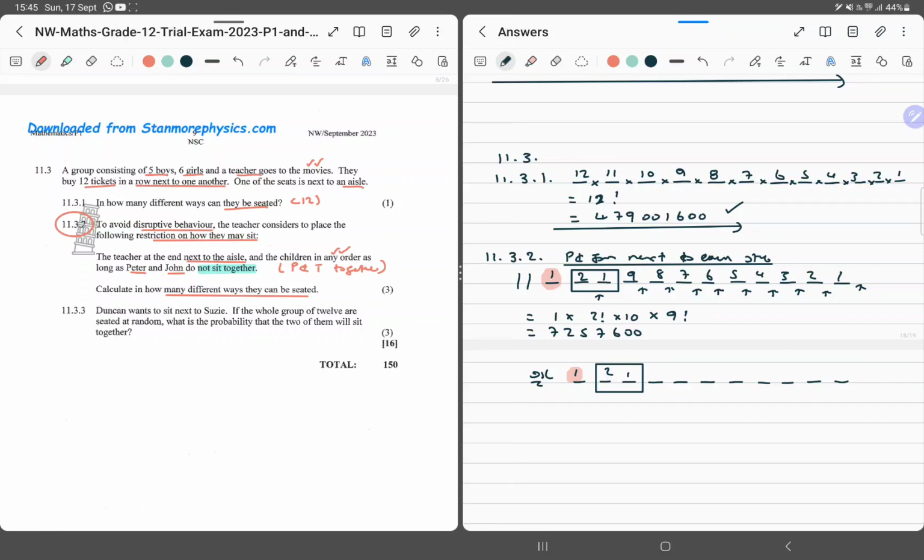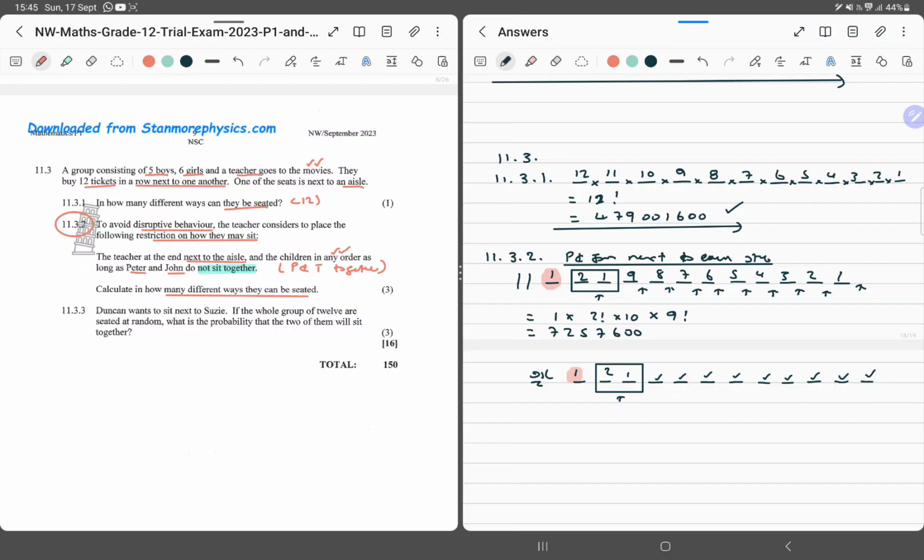And then we can simply say this whole unit can be here, or here, or there, or there. How many positions is this? 1, 2, 3, 4, 5, 6, 7, 8, 9, 10, 11, 12.